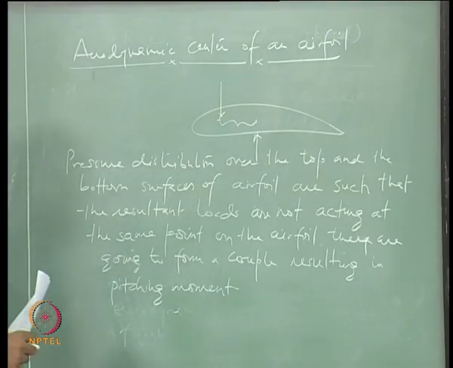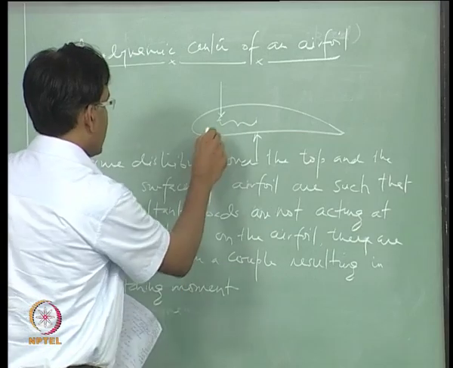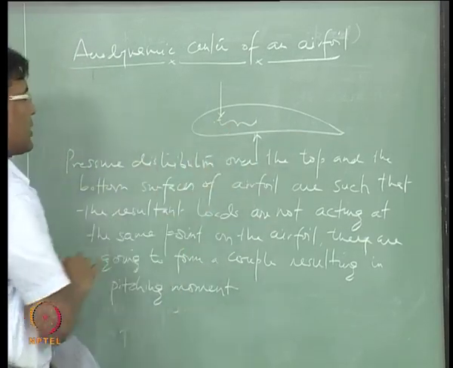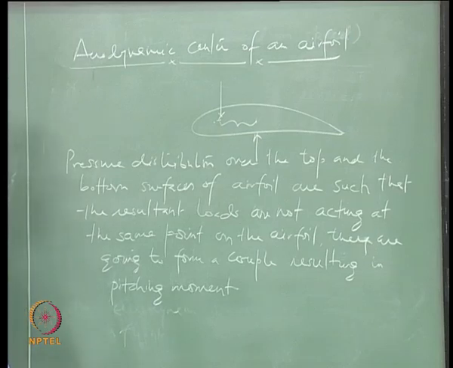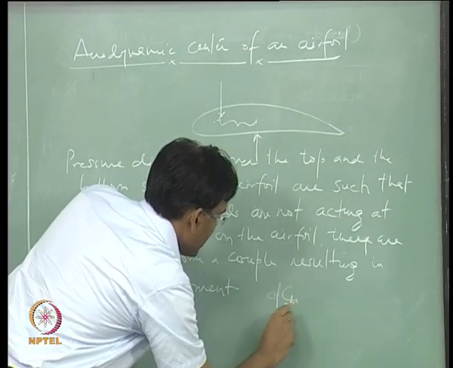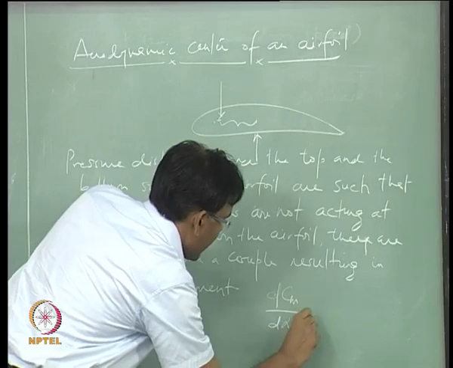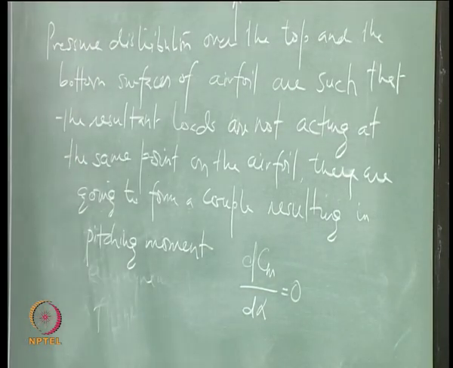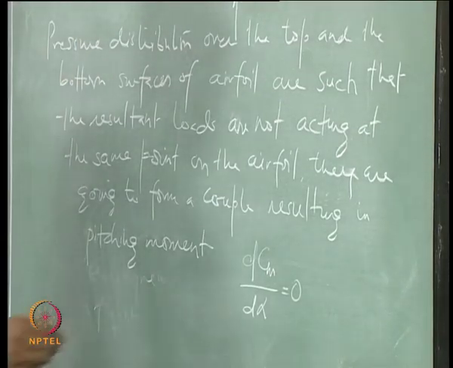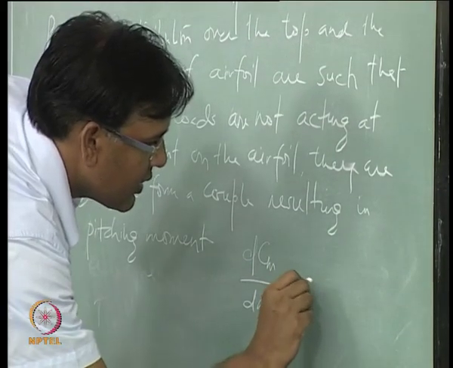There is one point on the airfoil, along the chord of the airfoil, where the change in pitching moment with respect to change in angle of attack is 0, and that point on the airfoil is called the aerodynamic center of the airfoil.